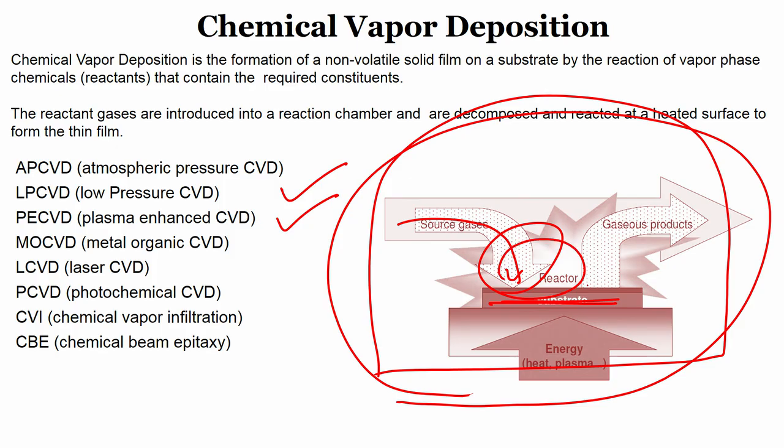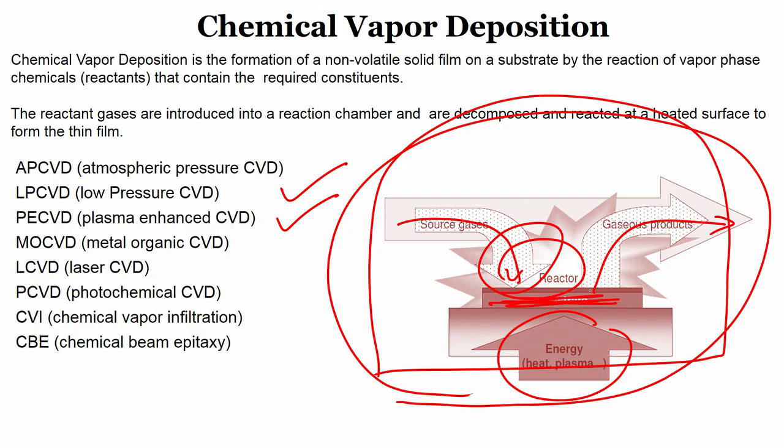The byproduct gases of this particular reaction are thrown out of the chamber, alright. So, you apply a high energy heat plasma.